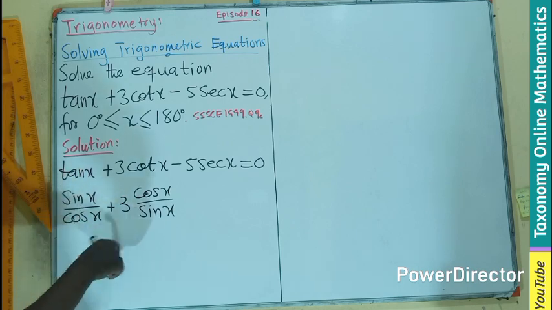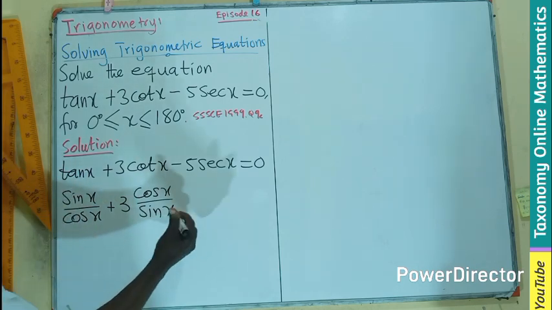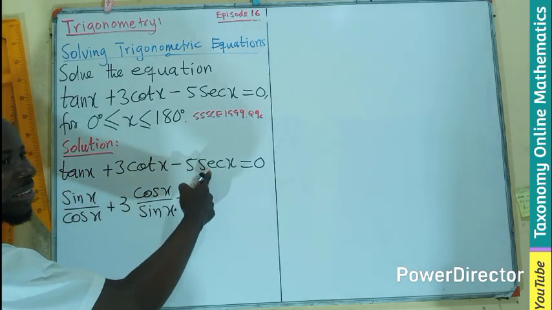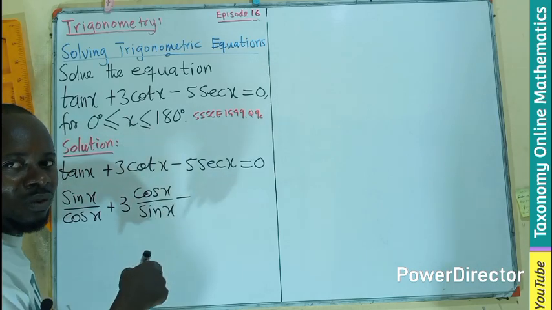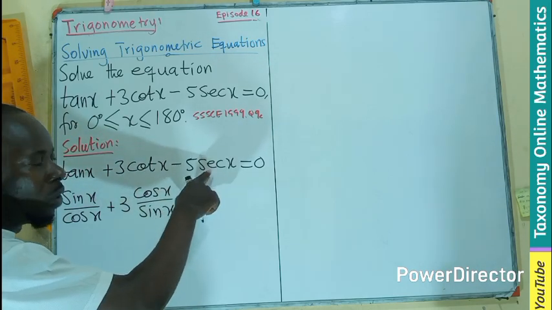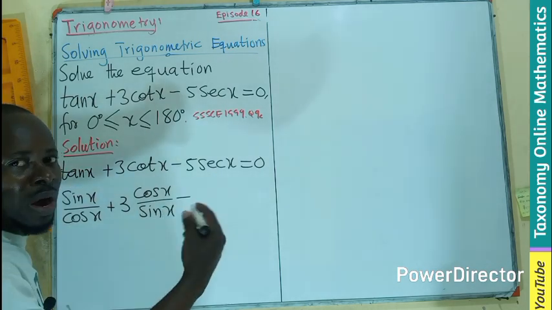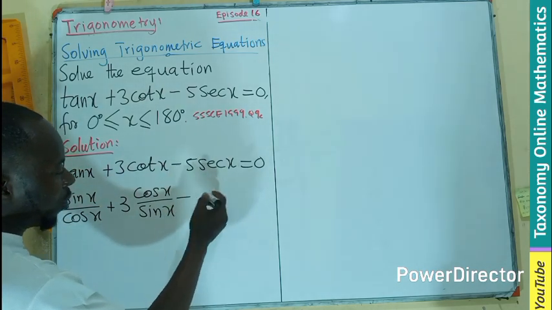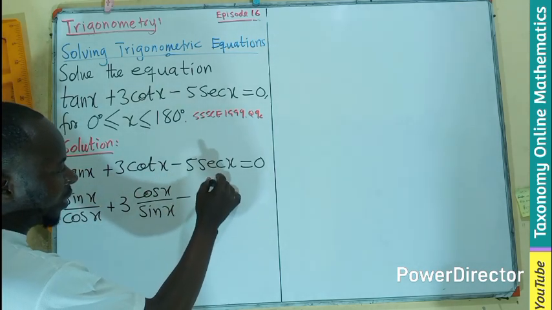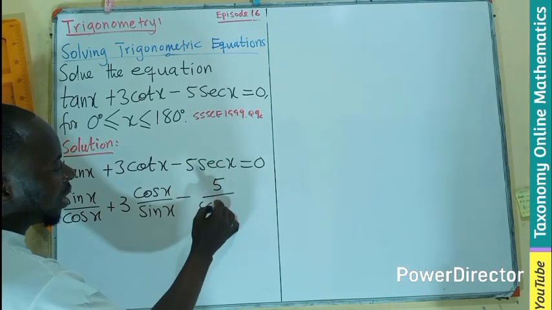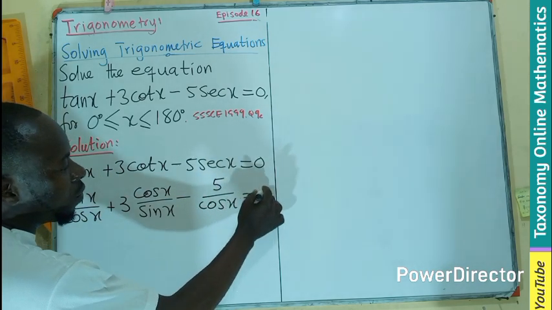Therefore, 1 over this will reciprocate this to this form. Minus, then sec is the inverse of cos. And what is the inverse of cos? That is 1 over cos. So 5 will multiply the 1, so 5 over the cos of x equals what?